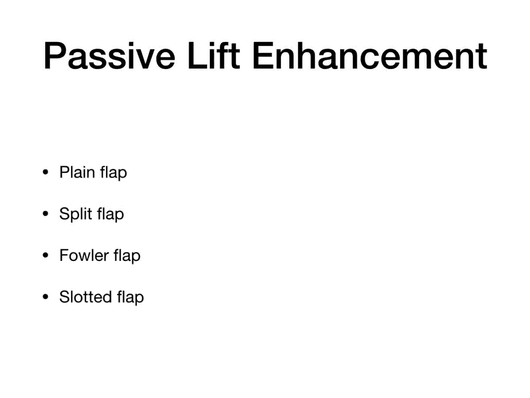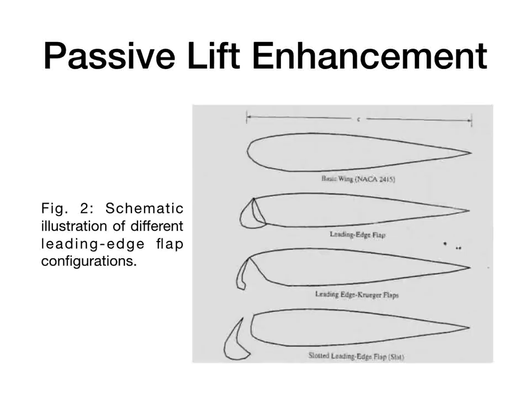So these are the different flaps in trailing edge. The most common types of leading edge devices are fixed slot, leading edge flaps, Kruger flaps, and plain slats. So this is illustrated in different leading edge flap configurations on the screen.